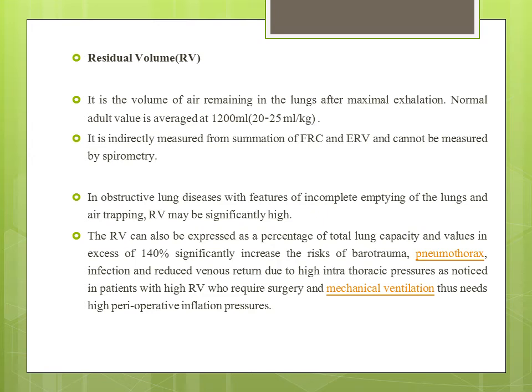This is all happening because of the high intrathoracic pressure noticed in patients who have a high residual volume. The management for those patients is they require immediate surgery and mechanical ventilation.